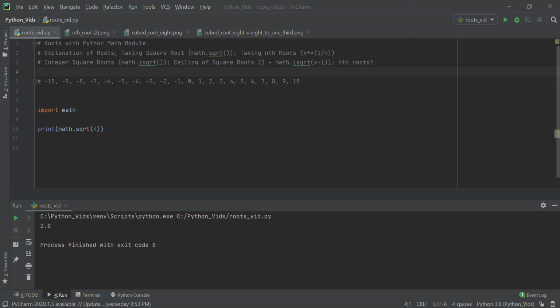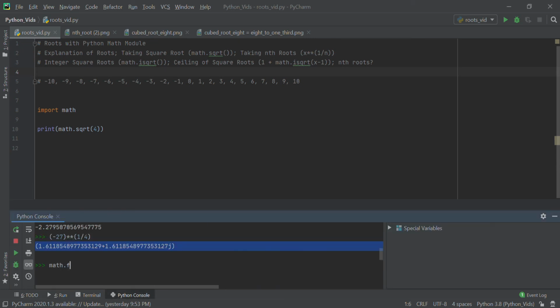So if we did math.floor of like 8.777 or something, it's going to give you 8. It's going to round it down to the nearest integer, versus the ceiling, which is math.ceil of that same number or a similar number. It's going to give you 9. It's going to kick it up to 9.